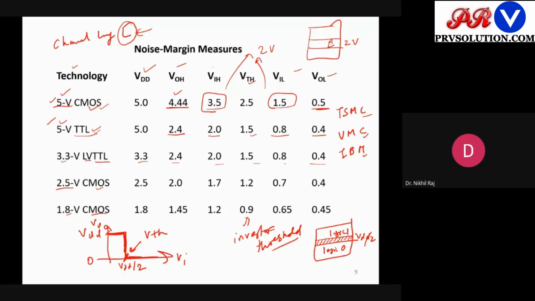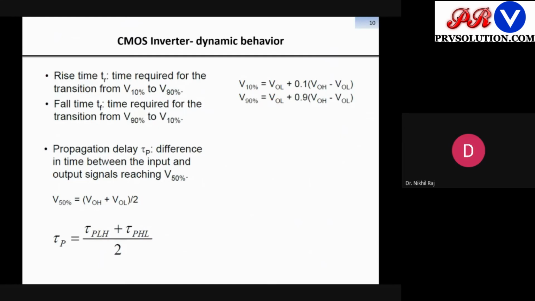So whenever we go for design, we always check the data sheets. That's why the data sheet is very important in design. So this was your static behavior, just the introduction to the static behavior. We will do calculations later on.